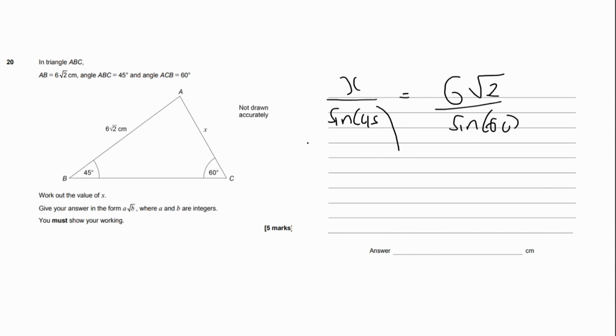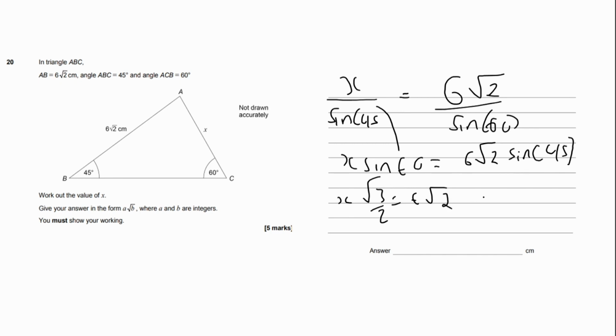Now you're just going to work this out normally. You're going to cross multiply, so x sine 60 is equal to 6 root 2 times sine 45. Now the value of sine 60 is root 3 over 2, so x root 3 over 2 equals 6 root 2 times root 2 over 2.